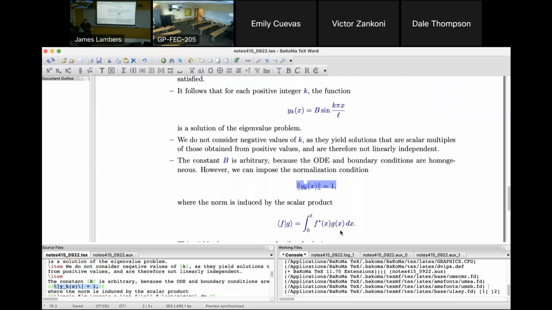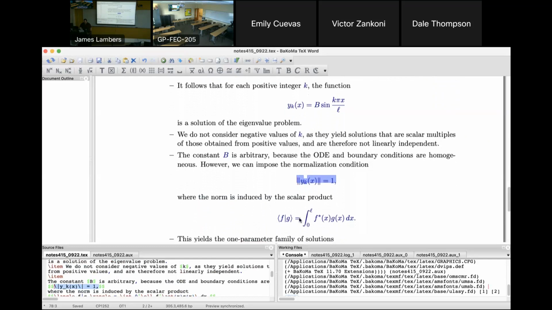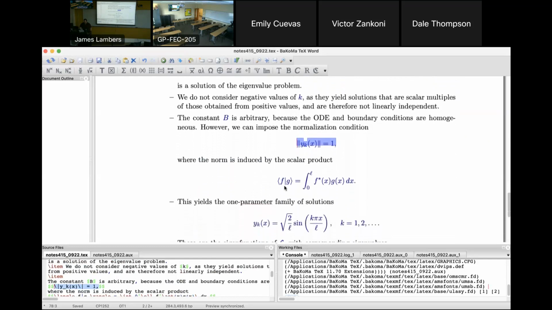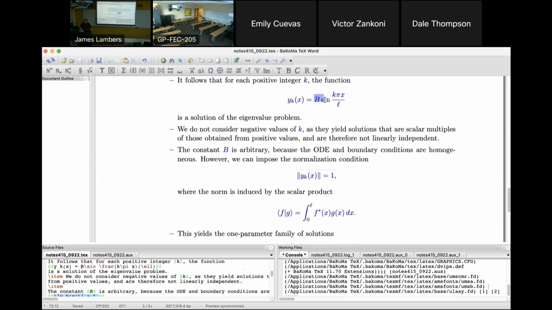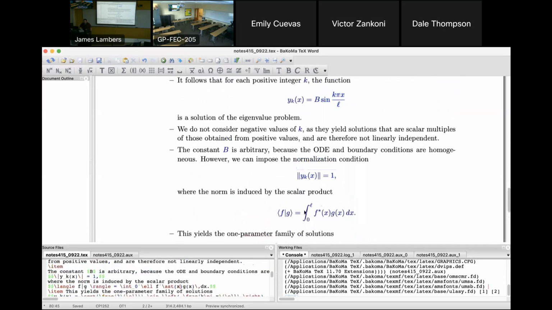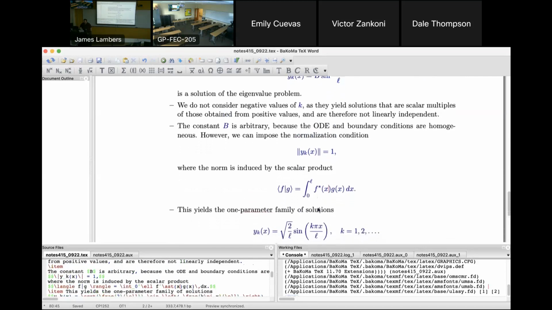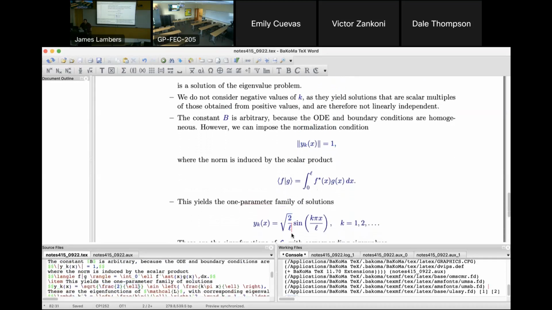So we use a scalar product, like a typical scalar product from 0 to L, and require that the scalar product of y sub k with itself is equal to 1. So if you substitute this function for f and g into the integral and work it out, and require that the result be equal to 1, then this is the value of b that you get.